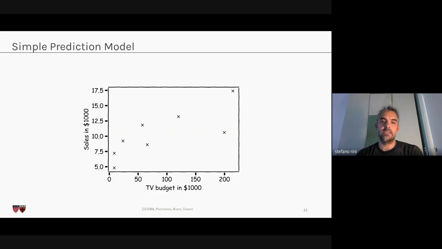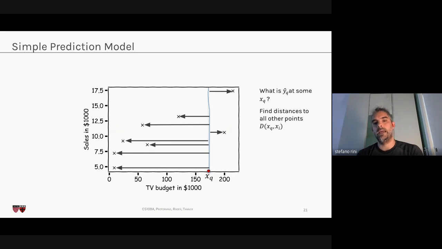So what you can do instead is look at the point which is closest to you, and predict that the sales you have correspond to the sales of the closest point. Let's say that we take this point on the x-axis, we call it xq. We look at all the other budgets close to us, and we predict the same sales as the closest point to us.